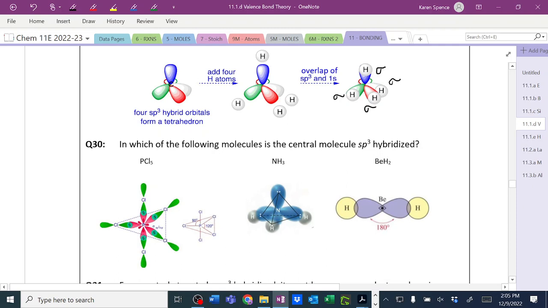Here's a little weird one. In which of the following molecules is the central atom sp3 hybridized?